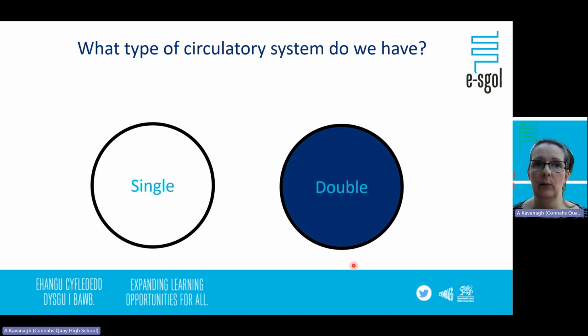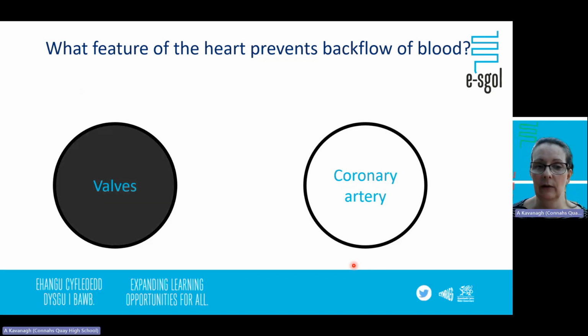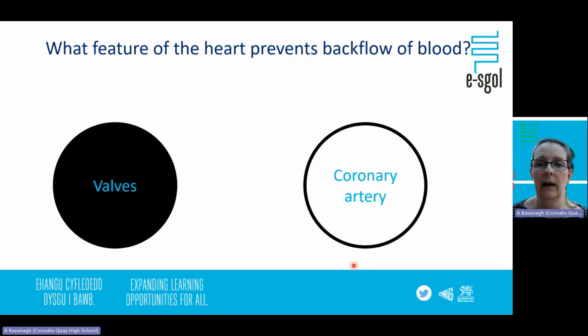Remember, we talked about how blood travels around the body from one part of the heart and then travels from another part of the heart to the lungs. What feature of the heart prevents backflow of blood? Is it the valves or is it the coronary artery? It's the valves. And remember, we have valves in the heart and in the veins as well.